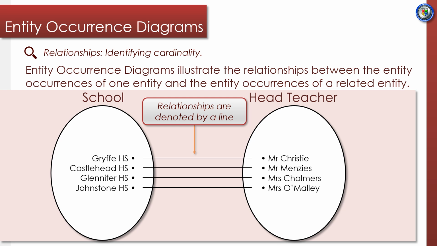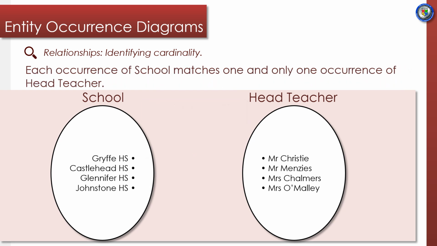We can now see direct one-to-one relationships. Each occurrence of our school entity matches one and only one occurrence of our head teacher entity.